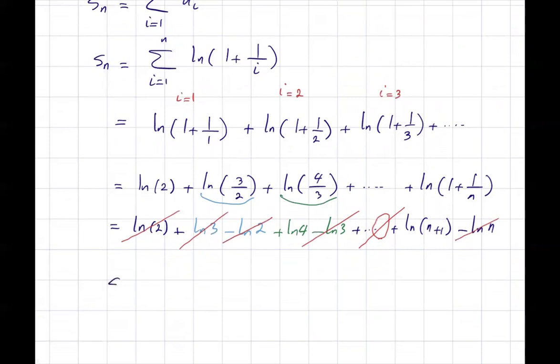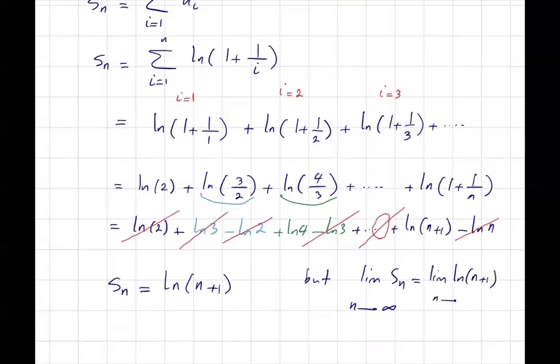So this partial sum is nothing but ln of n plus 1. But the limit of Sn as n goes to infinity is the limit of ln of n plus 1 as n goes to infinity, which is infinity.